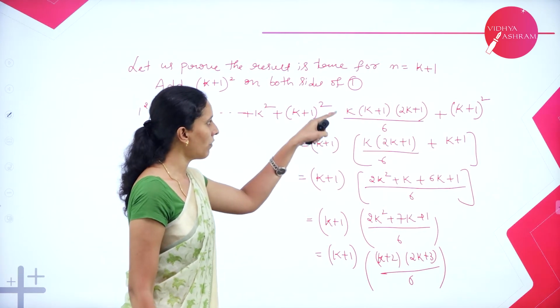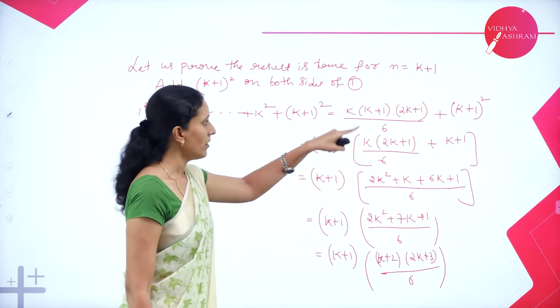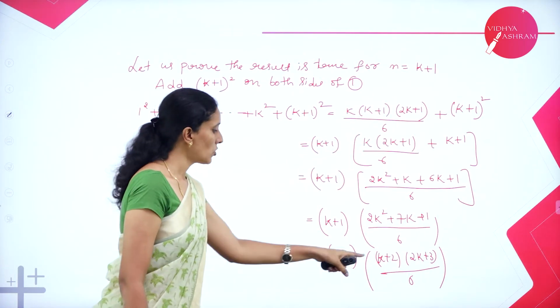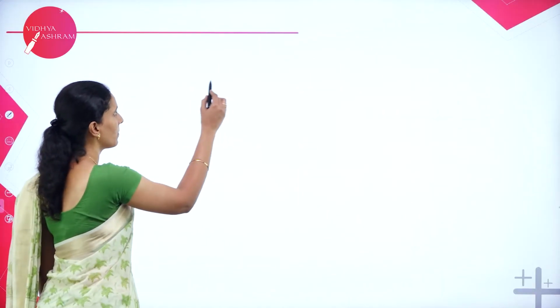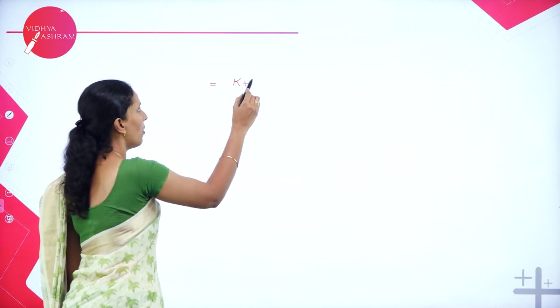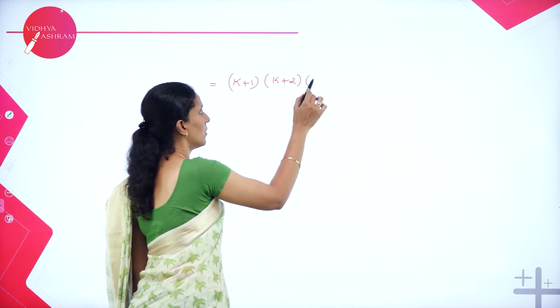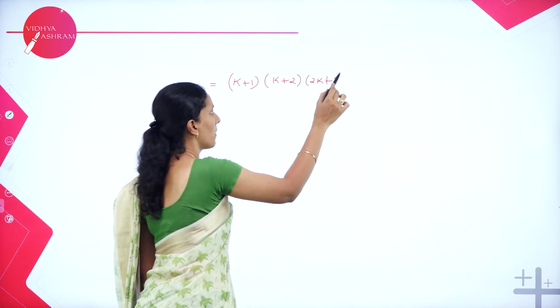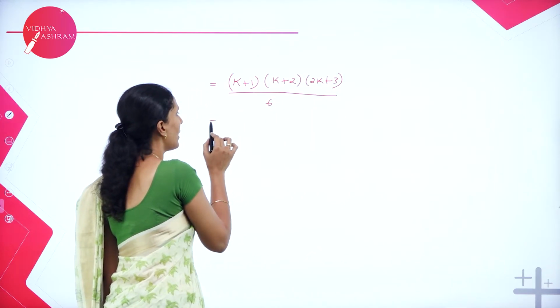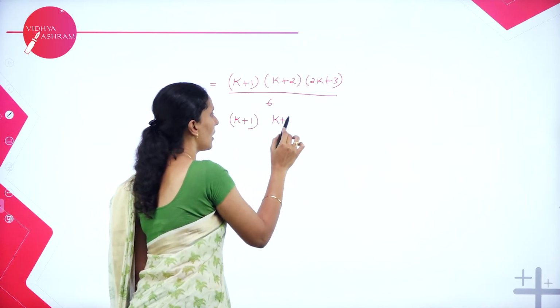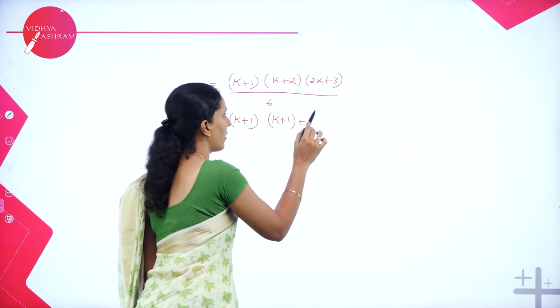So it should be in the form of k plus 1 plus 1, 2 into k plus 1 plus 1. So we can write this as k plus 1, k plus 2, 2k plus 3 whole divided by 6. I can write this as k plus 1, and here I can write it as k plus 1 plus 1.